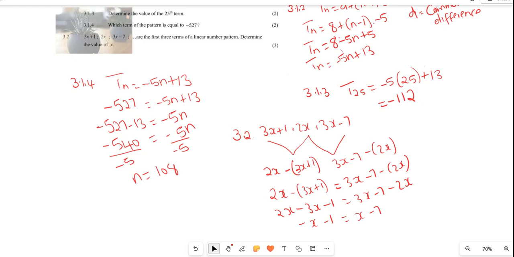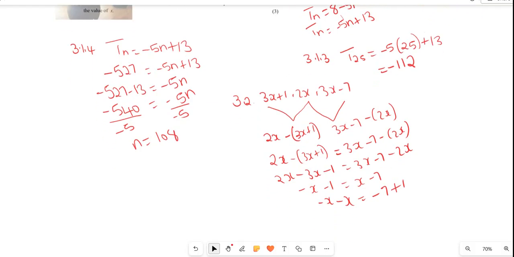I will take this x to my right-hand side, or you can take it to the other side, it's still okay. So minus x, I'll take this to this side, minus x minus 7. I will take this minus 1 to the other side, it's going to give me a plus 1.